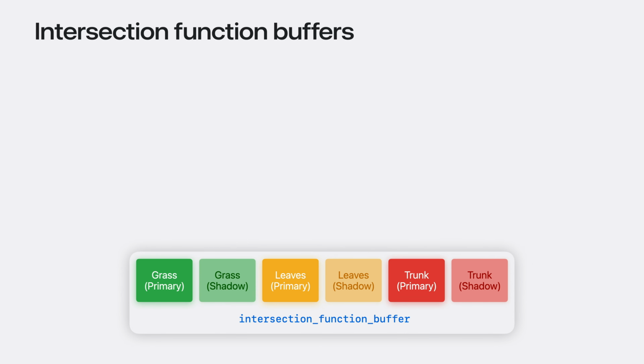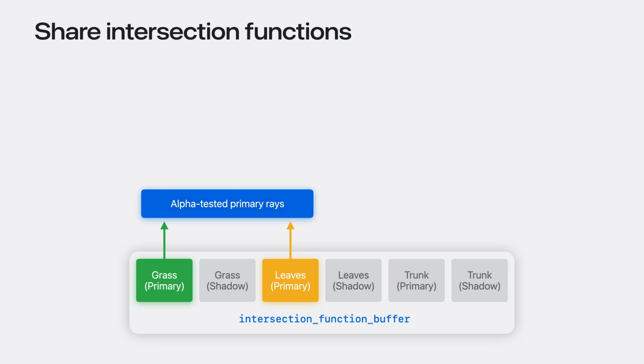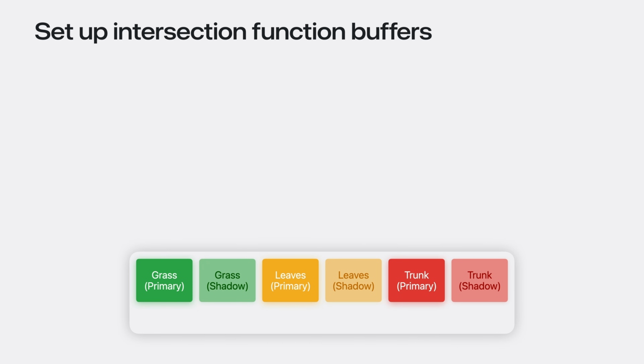An intersection function buffer is an argument buffer that contains handles to your scene's intersection functions. For example, the grass and the leaves might need similar functionality to trace primary rays. Intersection function buffers allow your game to easily have multiple entries pointing to the same intersection function.